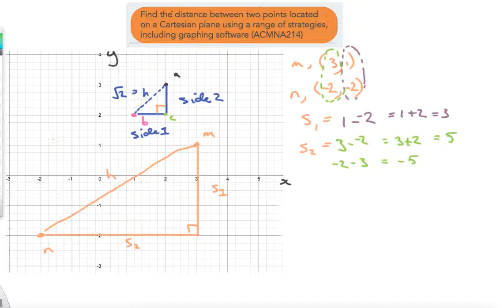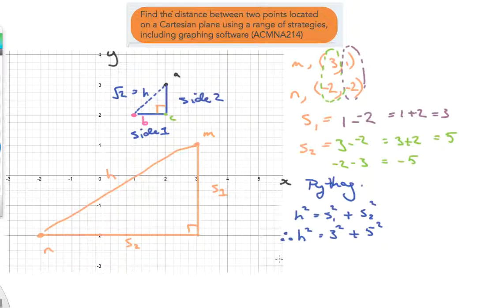Okay, so Pythagoras' theorem, we know that h squared equals side 1 squared plus side 2 squared. Therefore, h squared equals side 1 was 3, so we need to square that, plus side 2 was 5, so we need to square that.